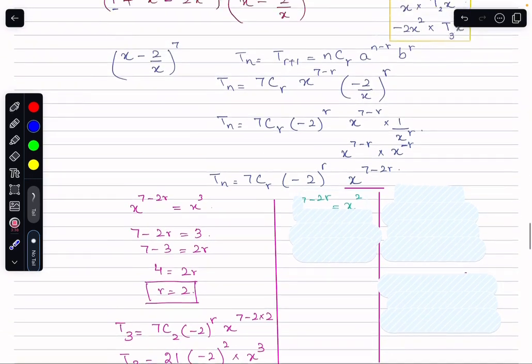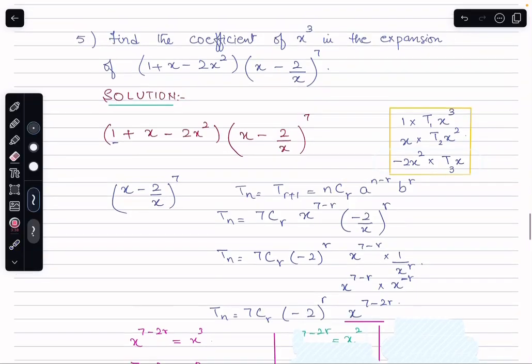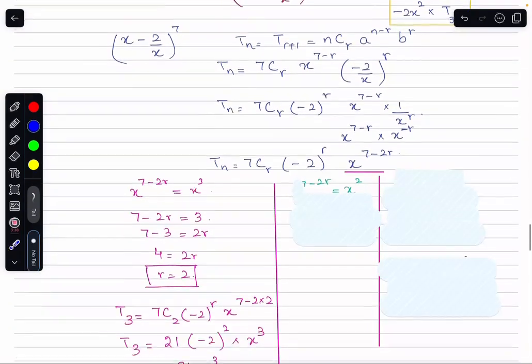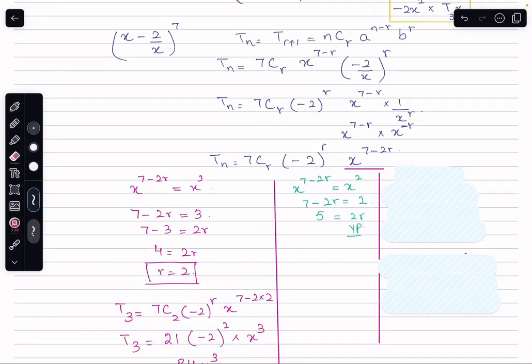The second term that I need to find out should have the coefficient of x squared. So to have this coefficient of x squared, I should be saying that it is x to the power 7 minus 2r, which equals x square. 7 minus 2r equals 2, or 5 equals 2r.